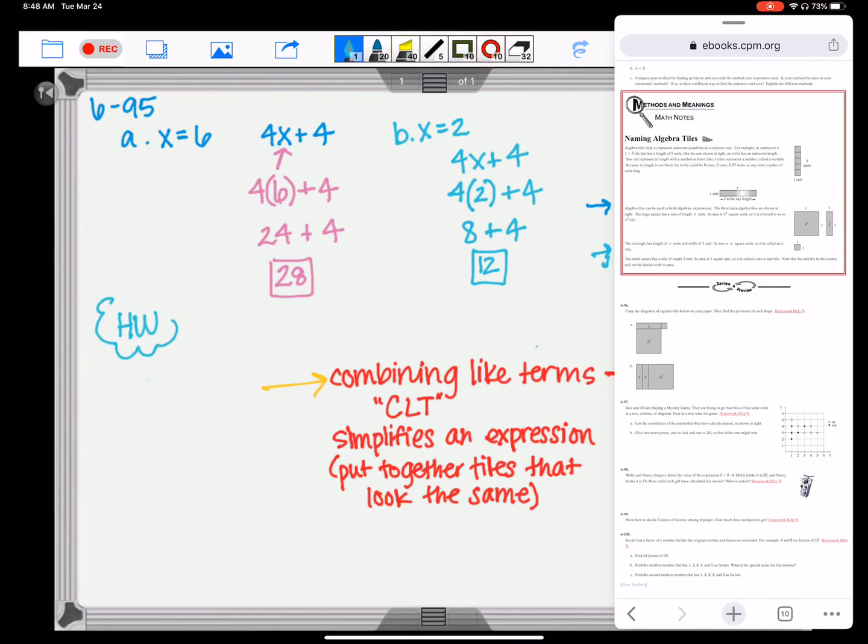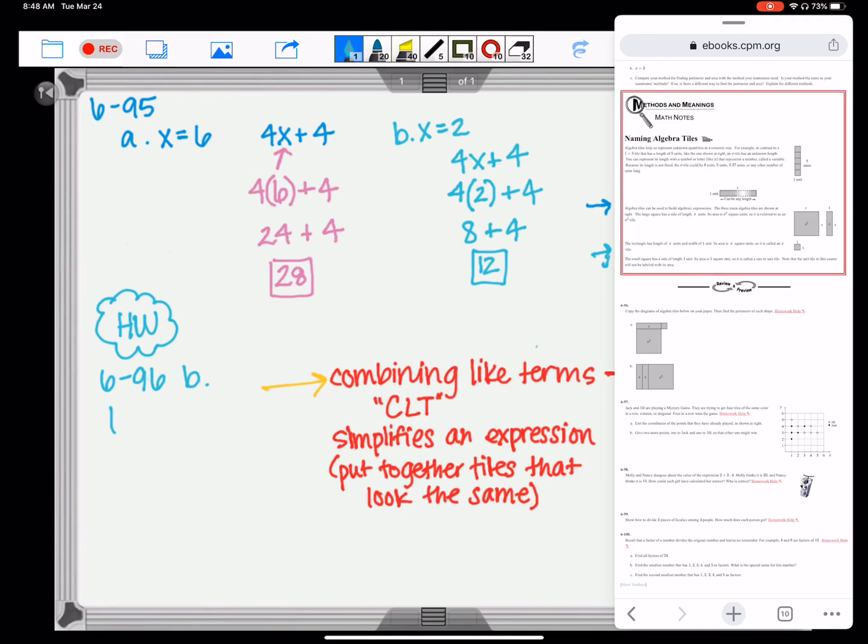And I'm going to post another video with some homework help, so make sure you find that as well. So for homework, you're going to do 6-96B. So only 6-96B, and that one you're writing the perimeter just like we did and combining like terms.